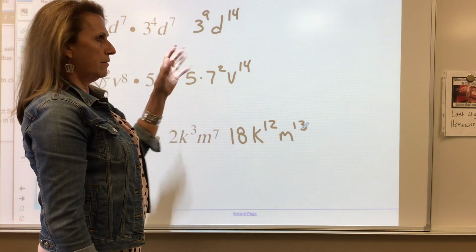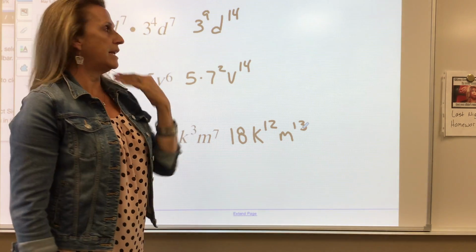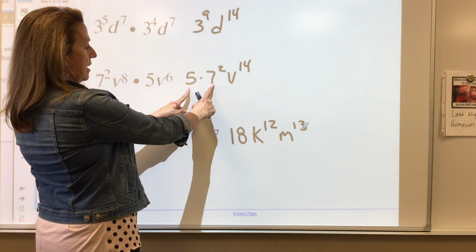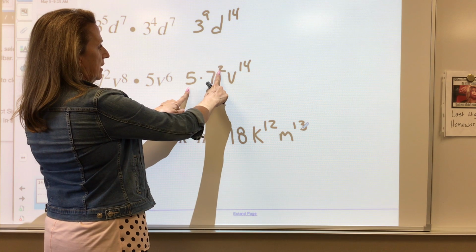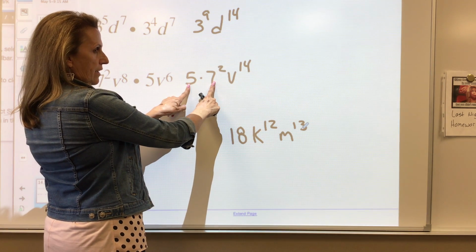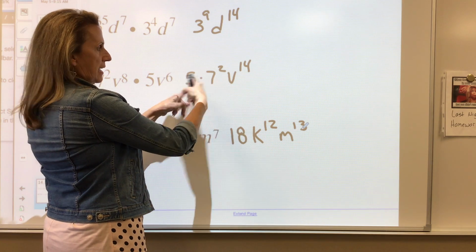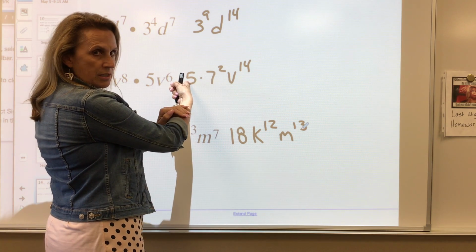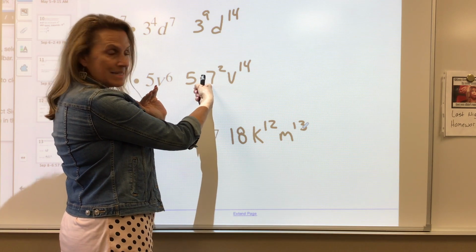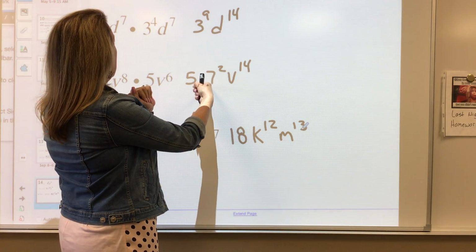So rewind that, look at it again if you need to, but you really need to know the difference between these two things. Because this has an exponent, it is not something I can put with this 5, because now they're not the same thing. This is just a coefficient, no exponent. This has an exponent, which makes it a base. So see the difference there.